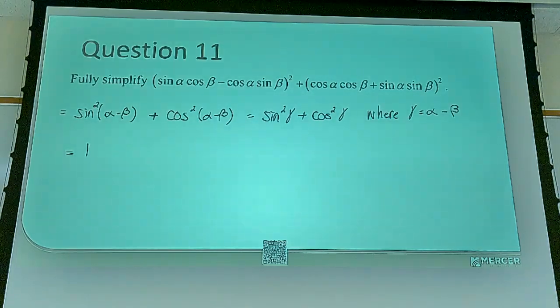So this is what our expression equals. 1. I will not write that out as an identity because I don't know how useful that one will be.